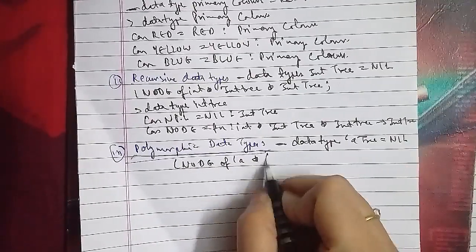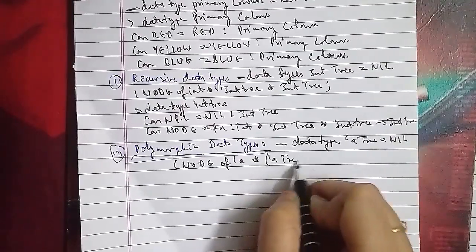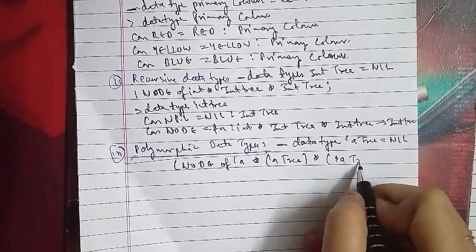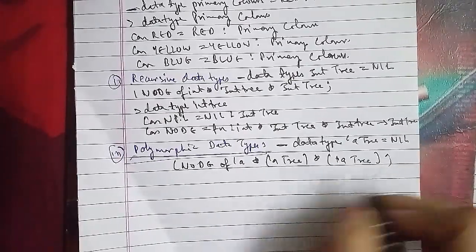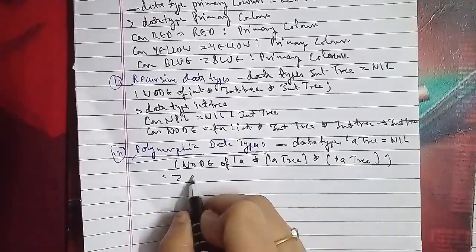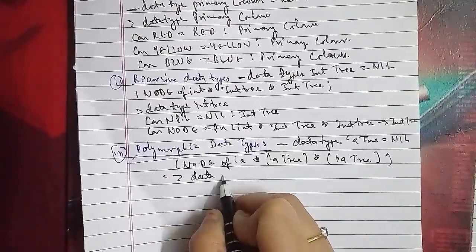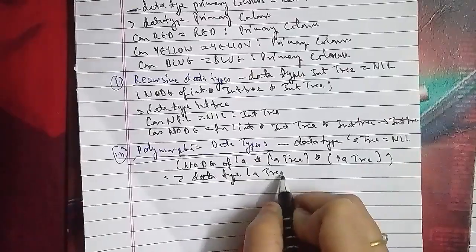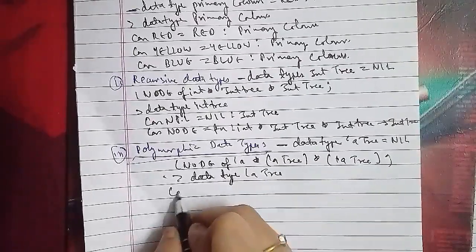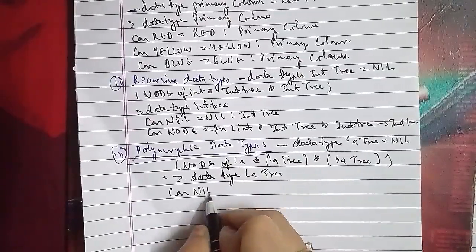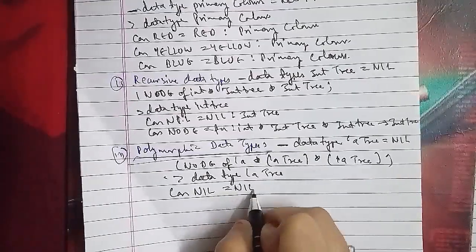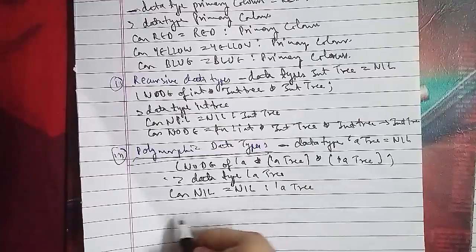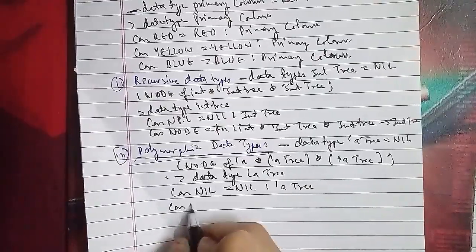Datatype a tree, cornel equals nil, tree, and that is con node equals fn, which is abstract a tree, abstract a tree, that is a tree as well.